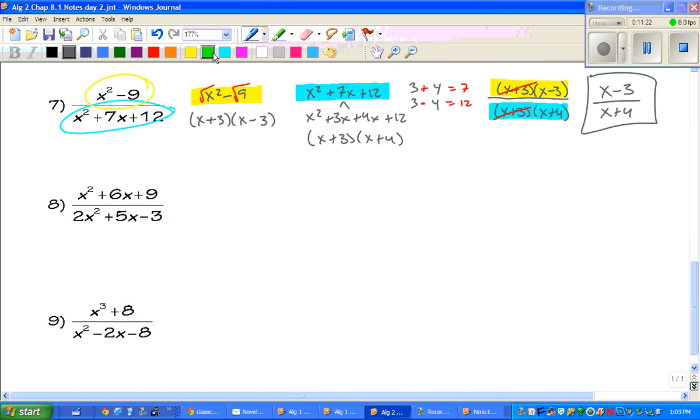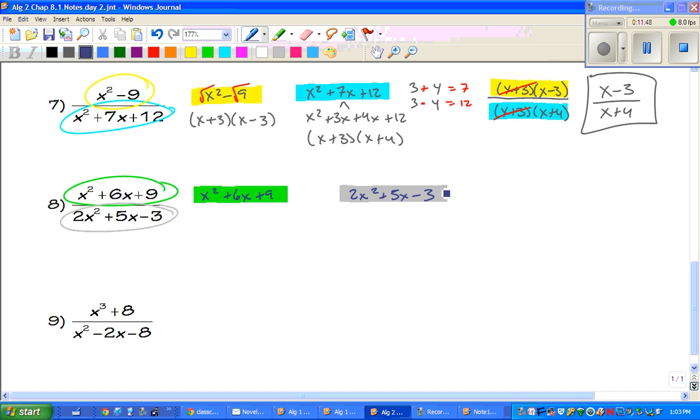All right, number 8. We have 2 problems. Both of those need to be factored. We have x squared plus 6x plus 9 and 2x squared plus 5x minus 3.